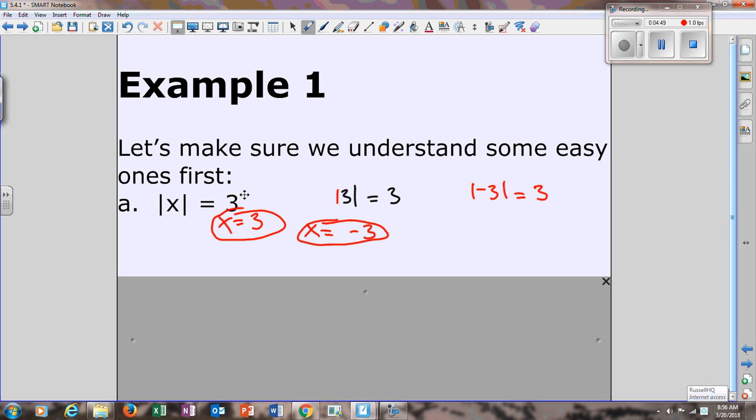Instead of trying to reason through, okay, is it 3 or negative 3? If you set it up like this, as soon as you see the absolute value of a variable equals 3, set it up the same way, without the absolute values and with a negative. So I'm just taking this 3 and bringing it down, and then I'm doing the negative version of that.